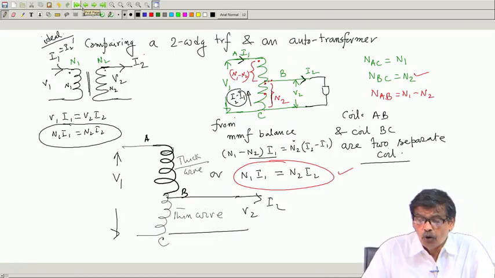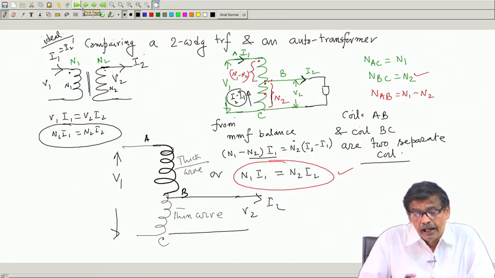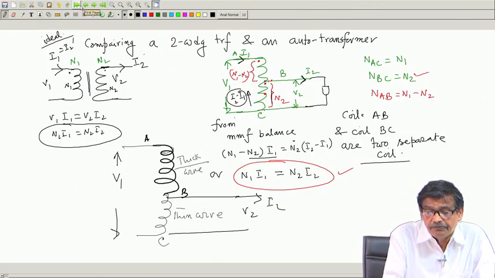Suppose I want to change the voltage level from V 1 to V 2 and it will deliver a kVA of V 2 I 2, or the transformer will handle a kVA of V 1 I 1 or V 2 I 2, they are the same.